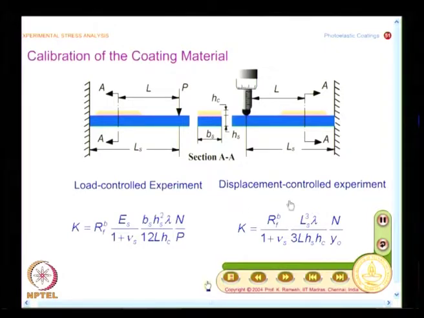In the displacement controlled experiment, I get the strain coefficient K as R of B divided by 1 plus nu s, L s cube lambda divided by 3 L h s h c, multiplied by n by y naught.